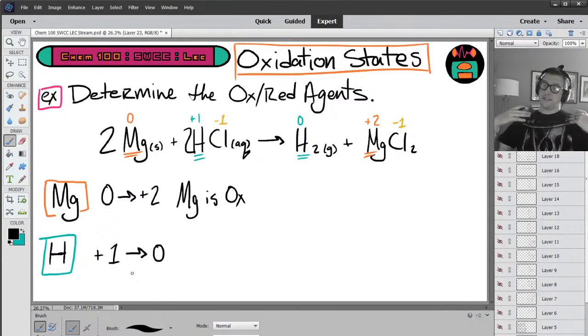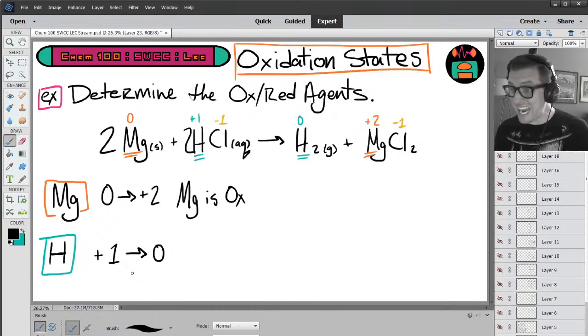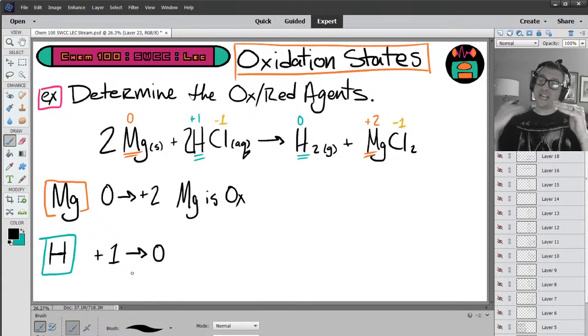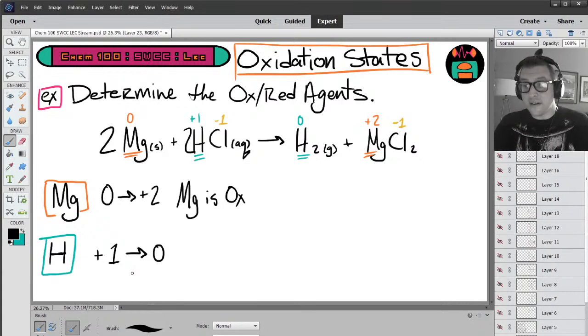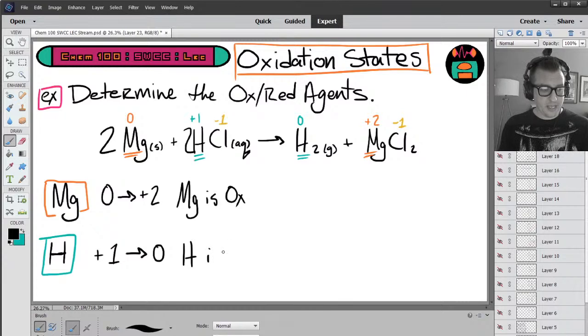It has lost positive charge, but that means it's gained negative charge. Remember, electrons are negative. So if it starts at a positive and ends at 0, it's gained negative charges. It's gained electrons. And gaining electrons means reduction. Remember, LEO says GER. GER is gain electrons, reduction. So hydrogen is reduced. Yes, it gained 1 electron. Exactly.